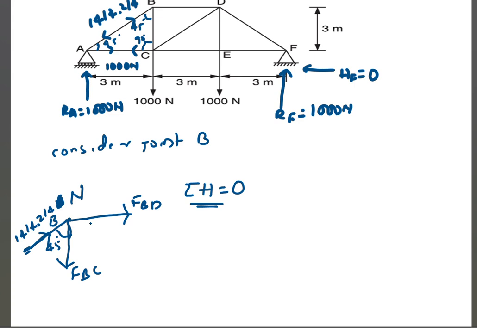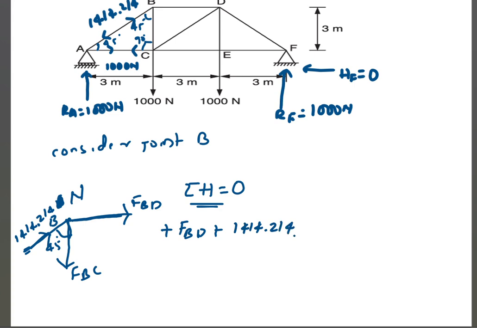How many horizontal forces are there? Here one force FBD. FBD is a horizontal force because it is moving towards right, plus. Again, here there is one compressional force. The arrow mark is towards the joint. So 1414.214 Newton.